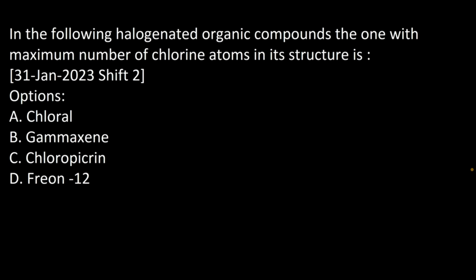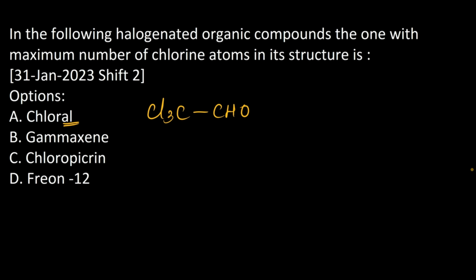In the following halogenated organic compounds, which one has the maximum number of chlorine atoms in its structure? Here you can see chloral, gammexane, chloropicrin and freon 12. You must know the structure of these, then only you can answer this question. Chloral is Cl3C CHO, a chloral aldehyde group.